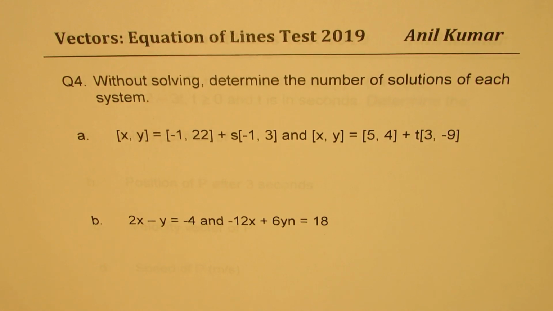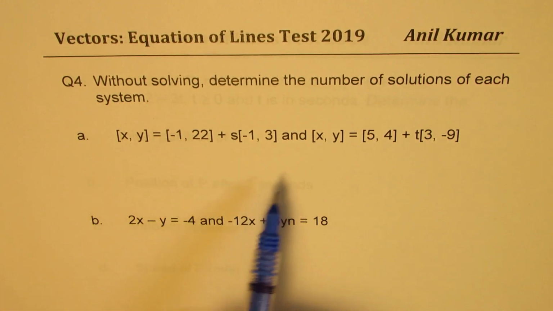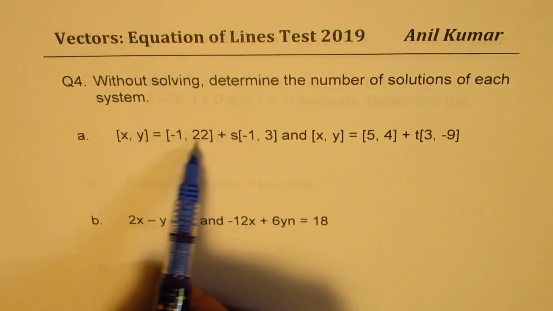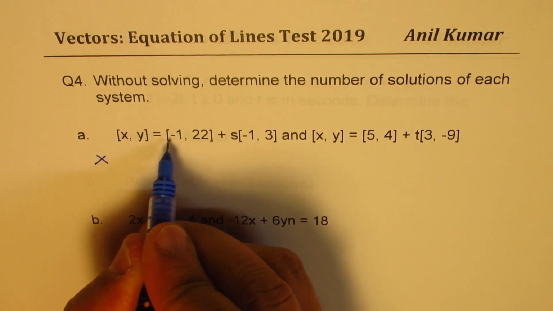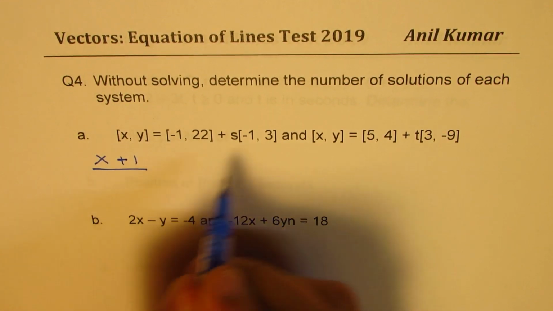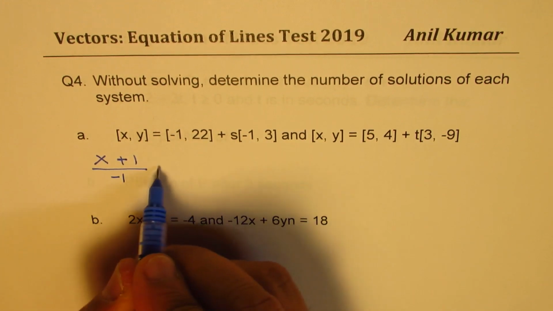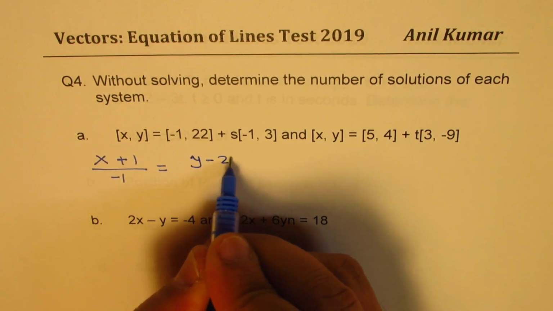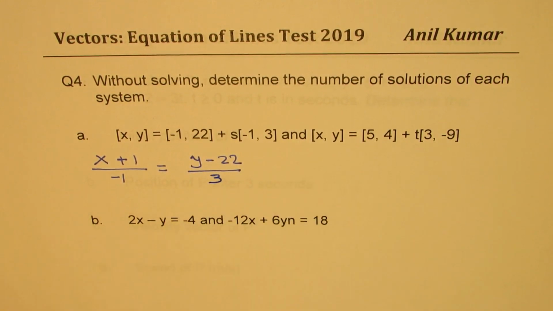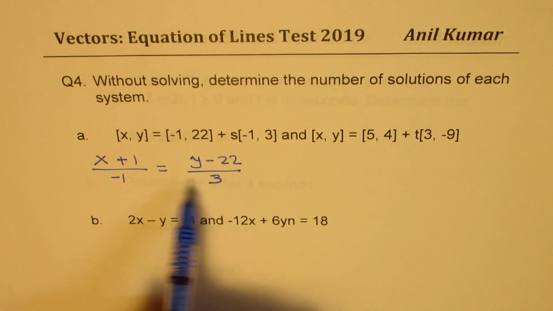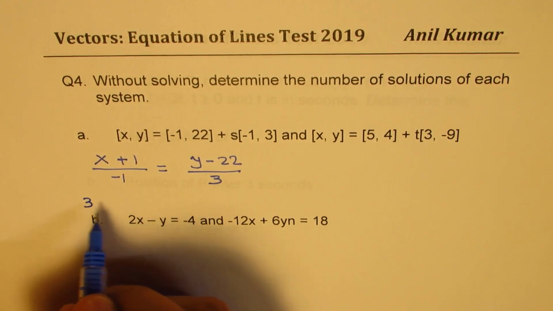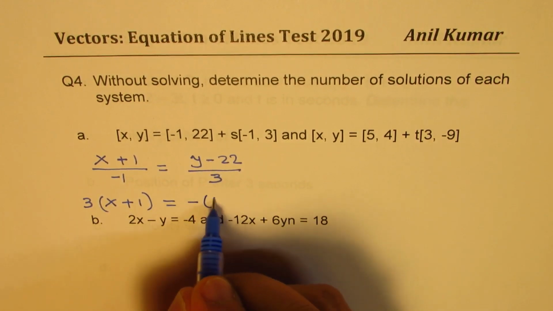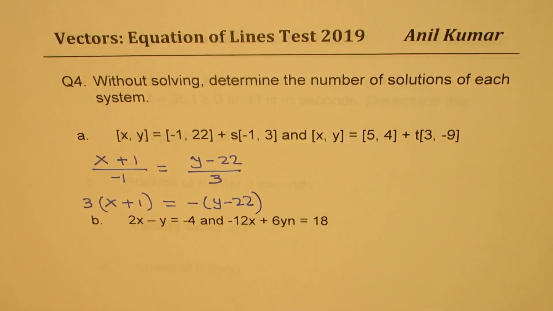So to check this, we should actually rewrite this equation in symmetric form. This is the point given to us. So we could write this as (x plus 1) over -1 equals (y minus 22) over 3. Correct? Now if I cross multiply, then I get 3 times (x plus 1) equals minus (y minus 22).